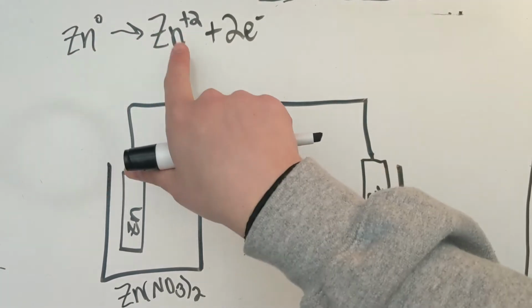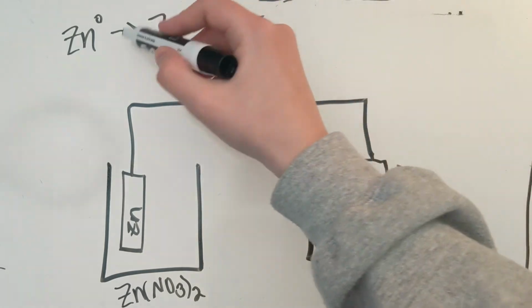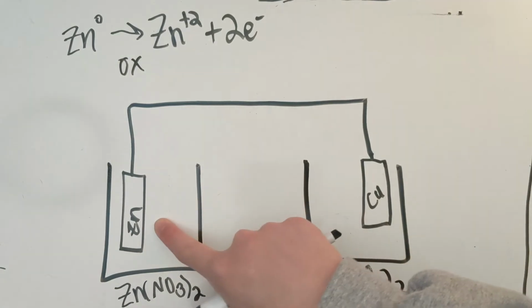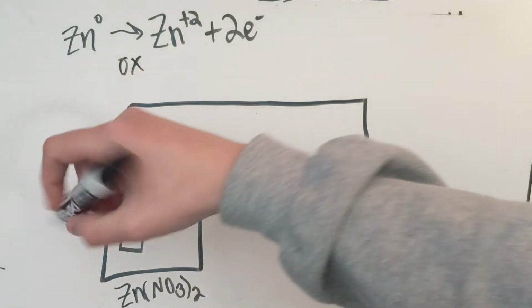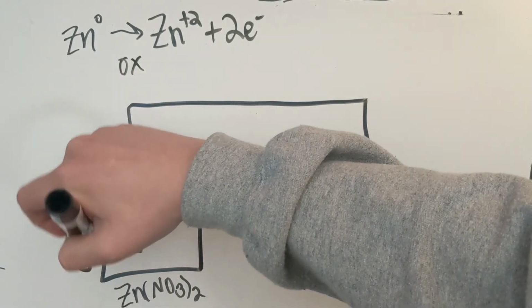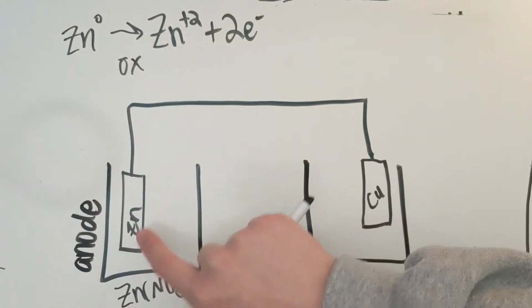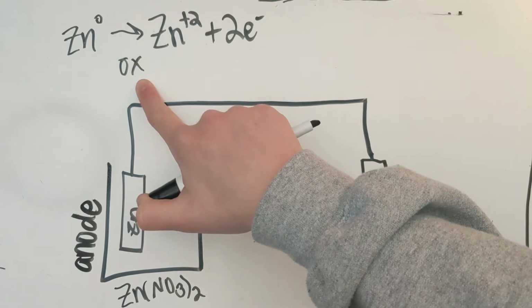So in this case, our zinc is the one that is being oxidized because it is losing electrons. That means specifically this zinc electrode is going to be the anode. The anode is the specific electrode where oxidation takes place.